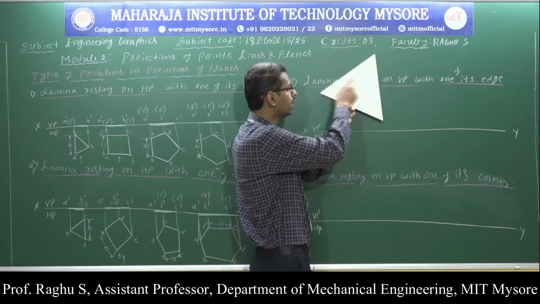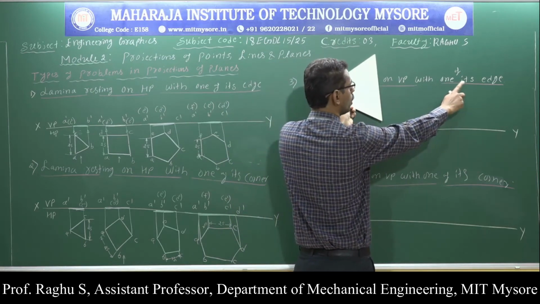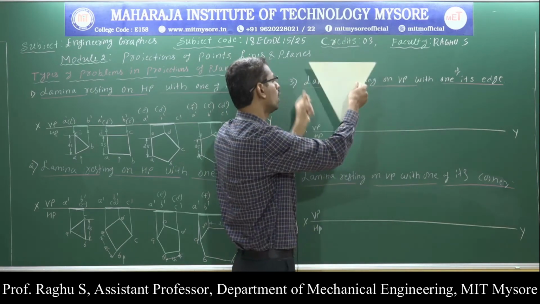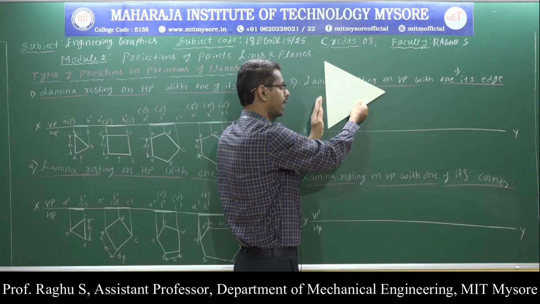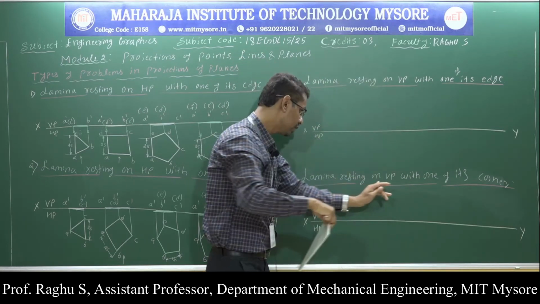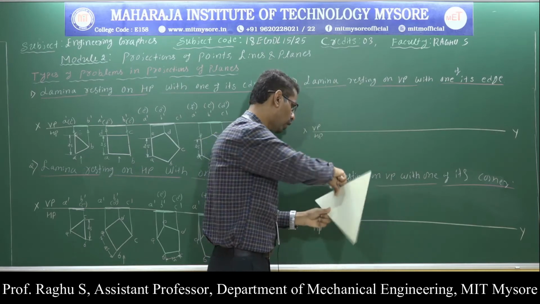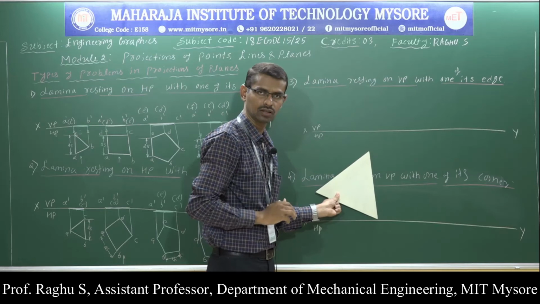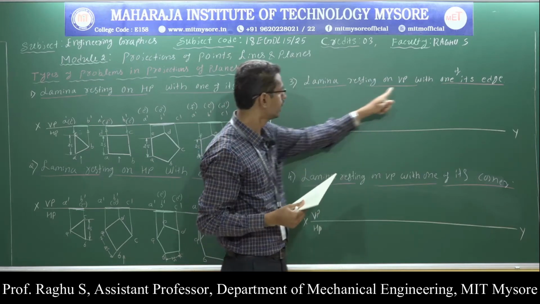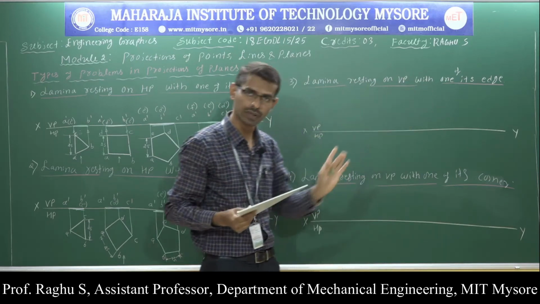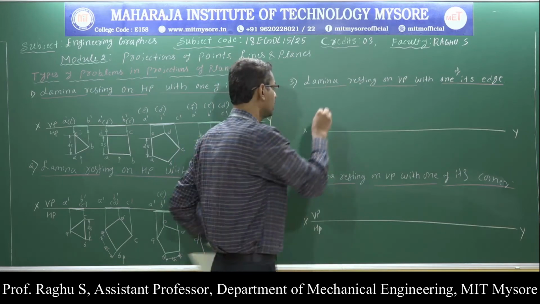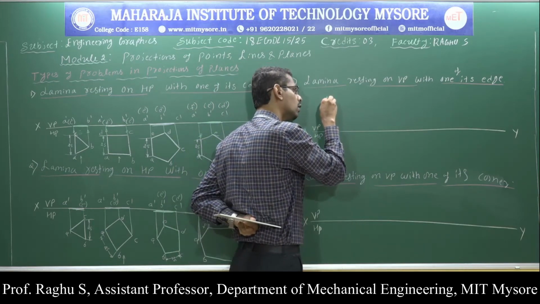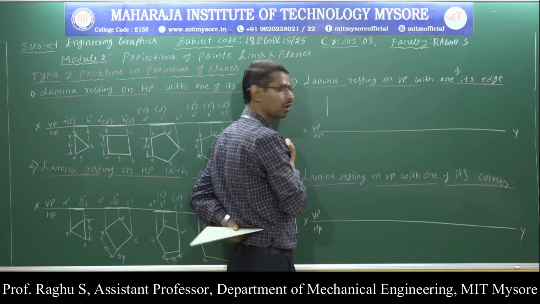But in the condition given, the lamina is resting on VP with one of its edges. Therefore, the edge should come towards the left side. In case of lamina resting on VP with one of its corners, this diagram is correct. But in case of lamina resting on VP with one of its edges, you are supposed to draw the resting side towards the left side, right?